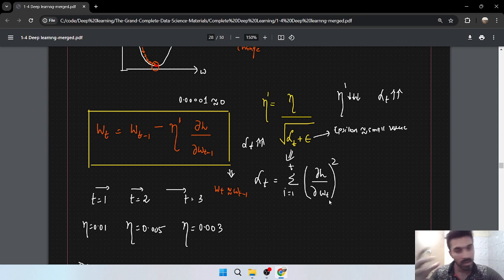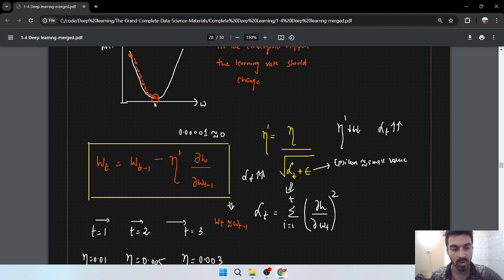So eta dash is equal to eta, the learning rate, upon the square root of alpha t plus epsilon. We are dividing the learning rate by alpha t. If you are coming near your global minima, the differentiation of the loss function with respect to w will keep decreasing every time. Due to this, your eta value will also be decreasing as you come to this point.